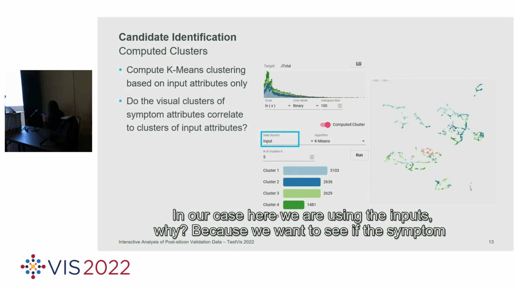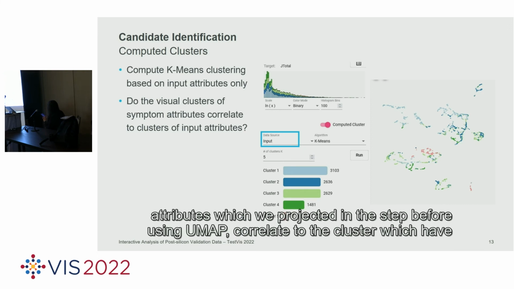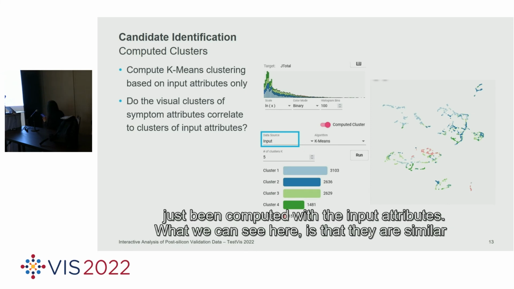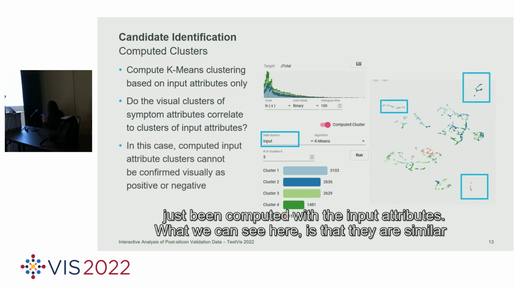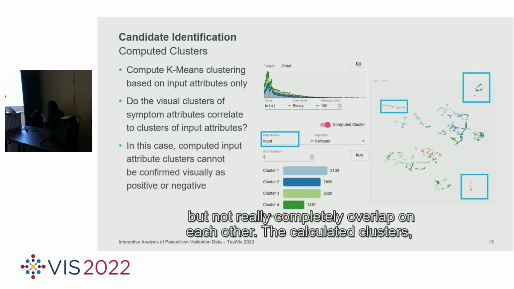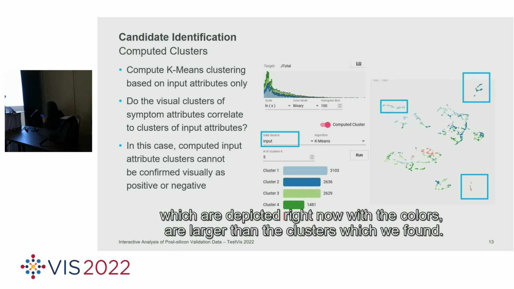Because we want to see if the symptom attribute, which we projected in the step before using UMAP, correlate to the clusters which have just been computed with the input attributes. What we can see here is that they are similar but not really completely overlap upon each other. The calculated clusters, which are depicted right now with the colors, are larger than the clusters which we found.